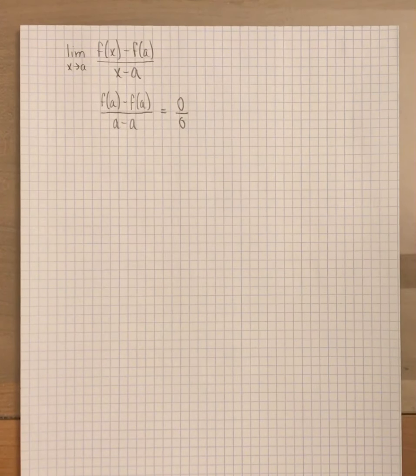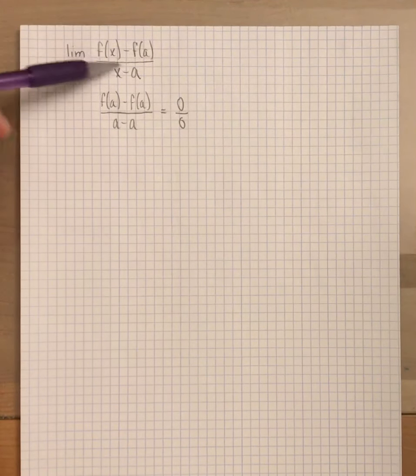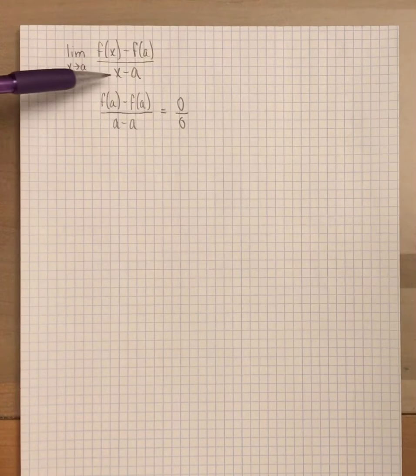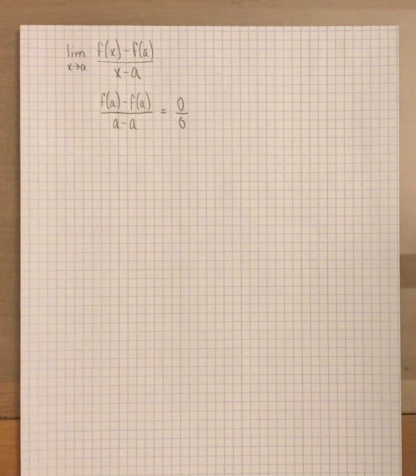Because as we've seen with other rational expressions, that means that somewhere in the numerator we have to produce a factor of x minus a to simplify with the factor of x minus a in the bottom, and therefore remove the discontinuity. Or find the equivalent continuous function.